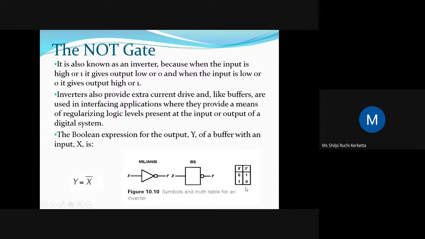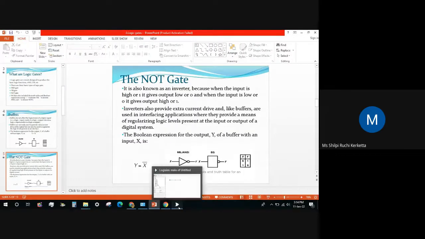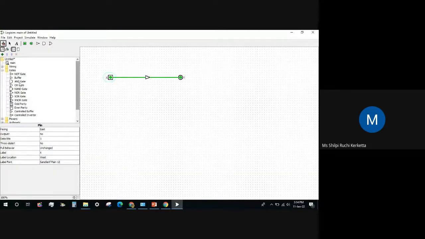Okay. This we will do in Logisim. So I will just replace this buffer with a NOT gate. So yeah, if we are giving an input of 0, then we are getting an output of 1. And if we are giving an input of 1, then we are getting an output of 0.